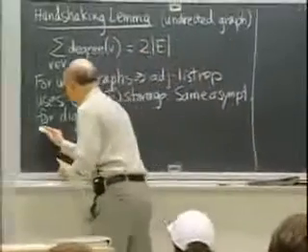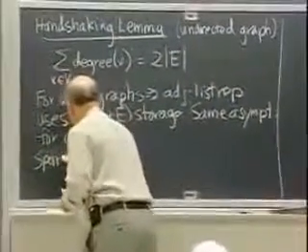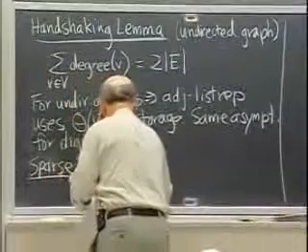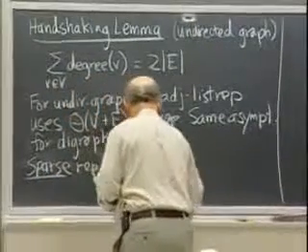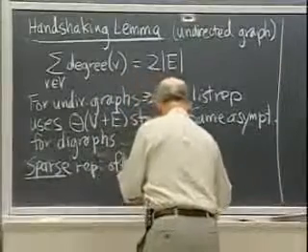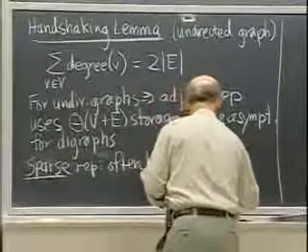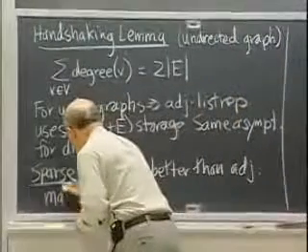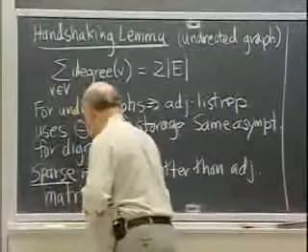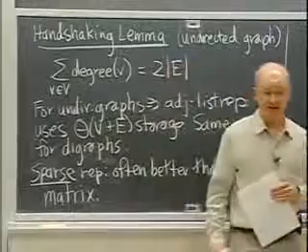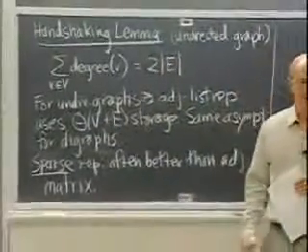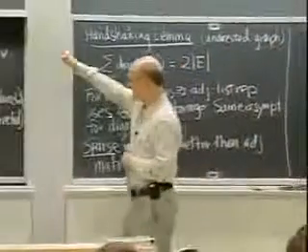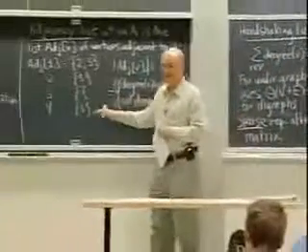So this is a sparse representation. And it's often better than an adjacency matrix. For example, you can imagine if the World Wide Web were done with an adjacency matrix, as opposed to essentially with an adjacency list type of representation.